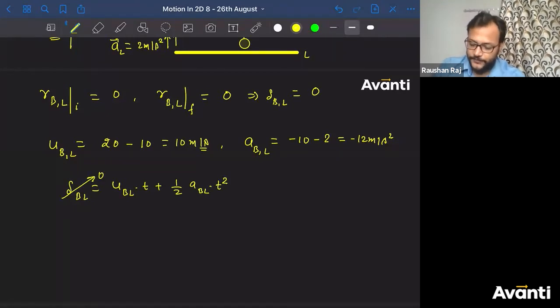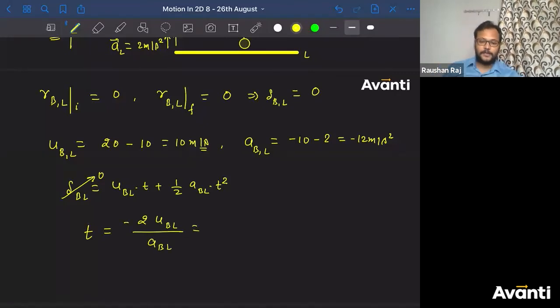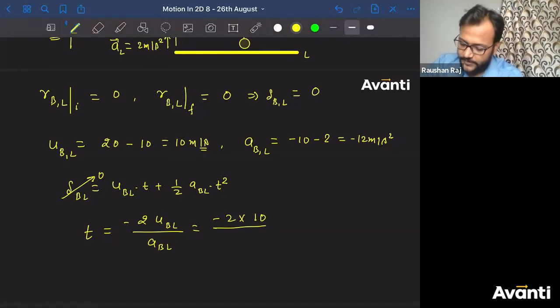If this is 0, I can get the answer of T as 2 UBL divided by ABL with a minus sign. Now put all the values. Minus 2 into what is UBL? Plus 10, divided by what is ABL? Minus 12. Cancel over. So 20 by 12. That is nothing but 5 by 3 seconds.